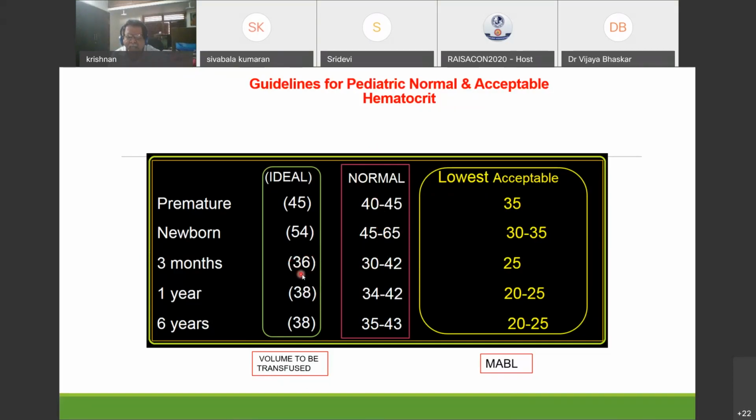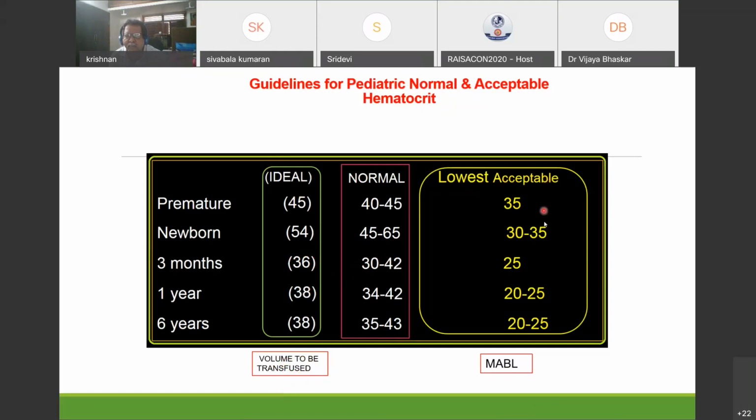I don't want to give blood transfusion again in the post-operative period. So I'd like to have my baby at the ideal hematocrit level. So I like to give an amount of blood that will take my baby who is losing blood to an ideal level. So this ideal hematocrit is used for calculating the volume of blood to be transfused.